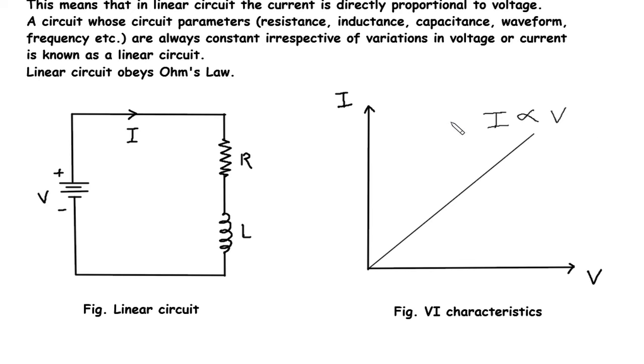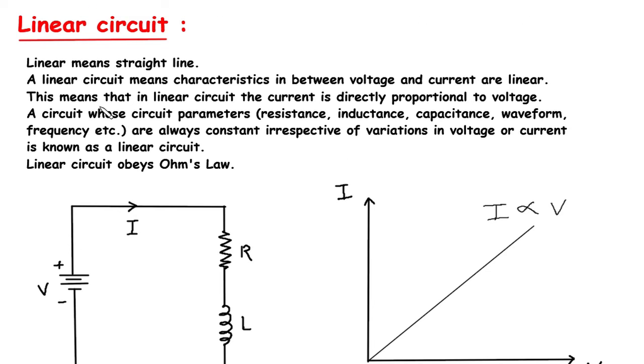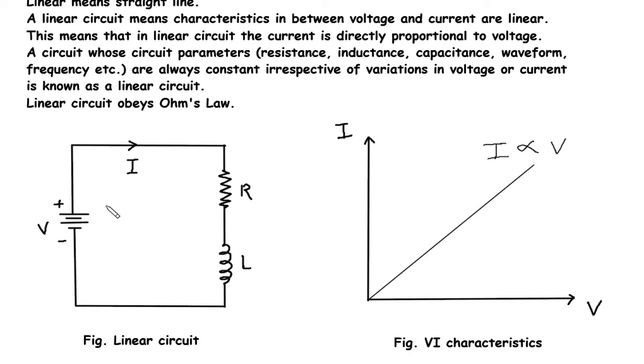The plot between V and I is a straight line. This means that in a linear circuit the current is directly proportional to voltage. Here we can see the current is directly proportional to voltage. If we increase the voltage, the current will also increase, or if we decrease the voltage, then the current will also decrease.